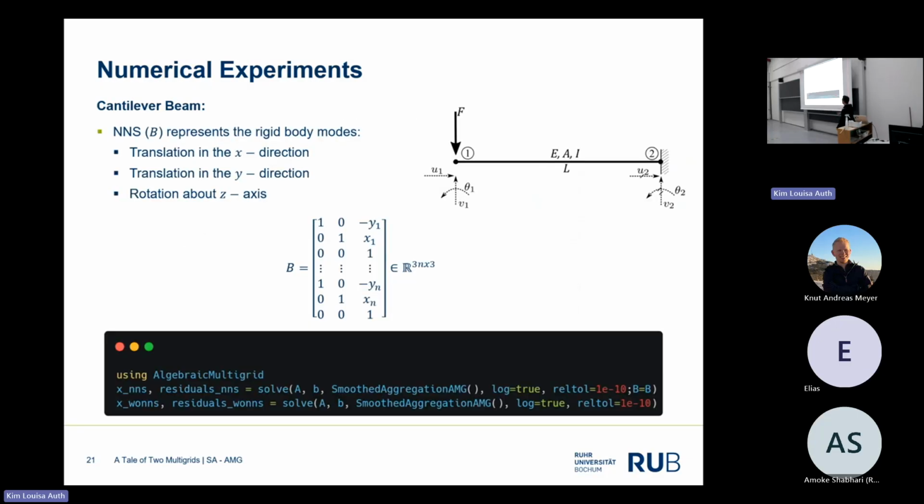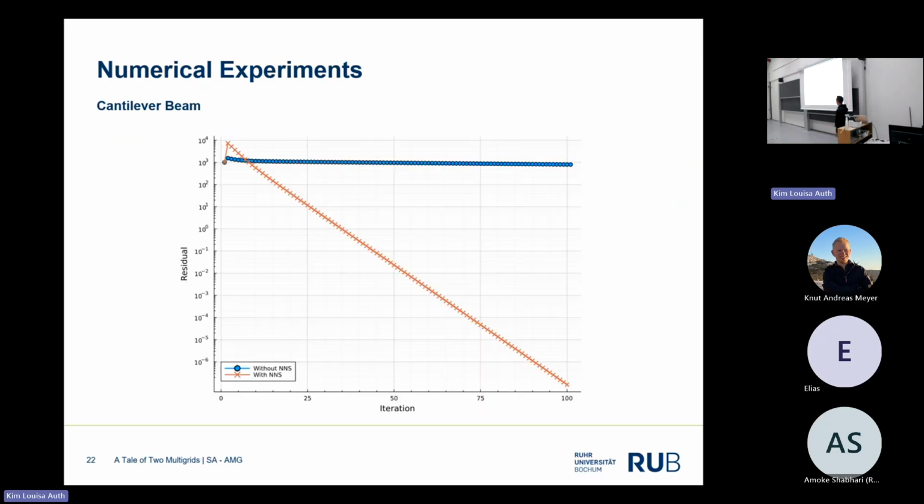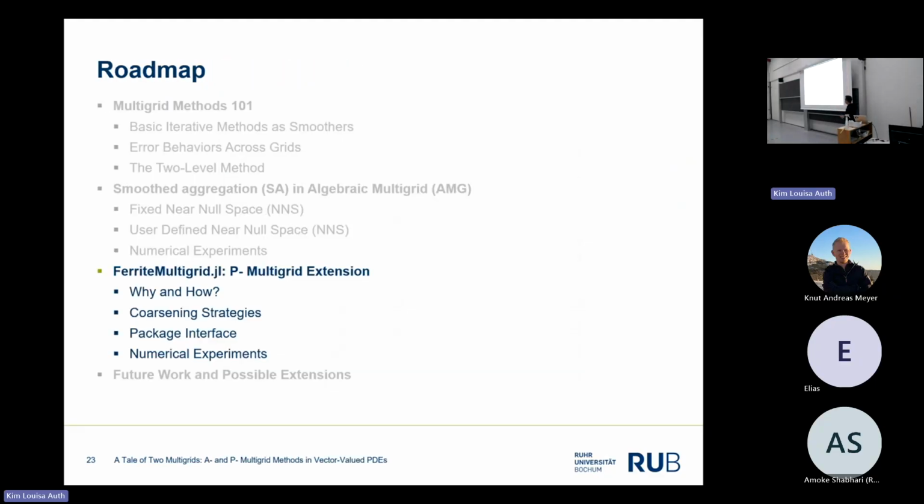And similarly, we solve the cantilever beam, which is a fundamental problem in structural mechanics, and the result is pretty much the same. So this is the first problem that we have solved, but there is another problem: all these problems that we have solved use linear shape functions. What about using second order shape functions or third order shape functions?